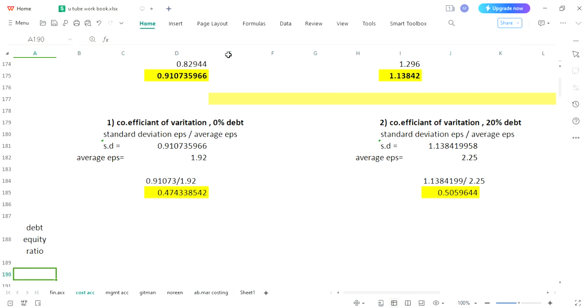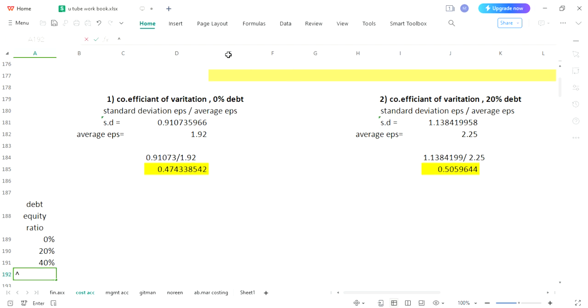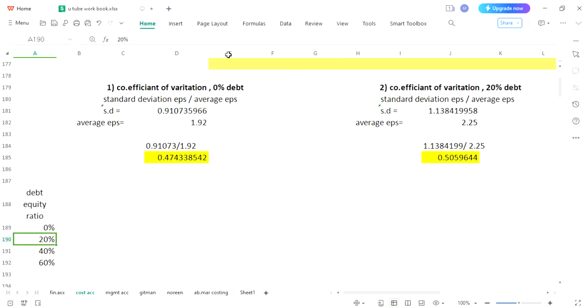So it is better to arrange them instead of making them dispersed. There was 0% debt equity ratio. Then we have 20% debt equity ratio, 40%, and 60% debt equity ratio was developed.